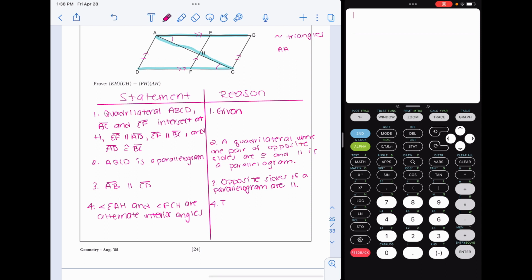And the reason is parallel lines cut by a transversal form alternate interior angles. But we also want to say they're congruent. So in line 5, I'm going to say those 2 angles are congruent because alternate interior angles are congruent.